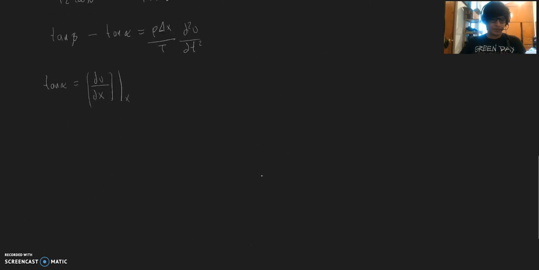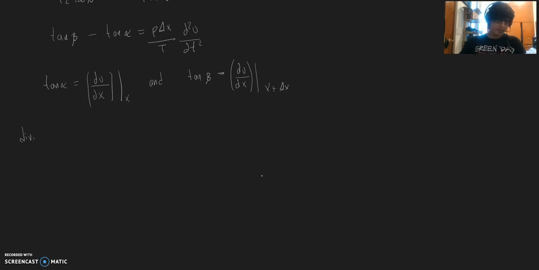So we also know that the tangent of the angle beta is equal to the partial derivative of u with respect to x at the point x plus delta x.